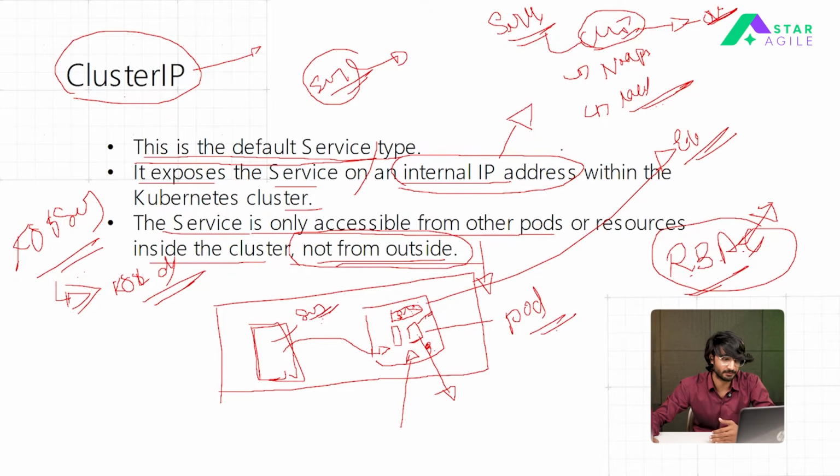But as you can see here, it is clearly mentioned: only inside the cluster. People who have access inside the cluster can access your application. But that is not how the real-time environment works. Nobody is going to give you access to Flipkart applications directly inside their servers so that you can access them, right? No. They will expose this environment, but how it is exposed, we will check in the next slides.